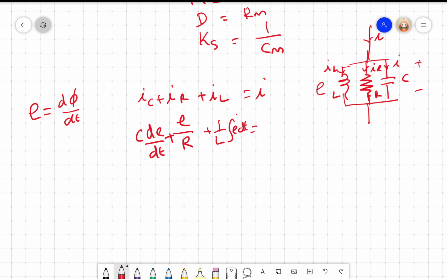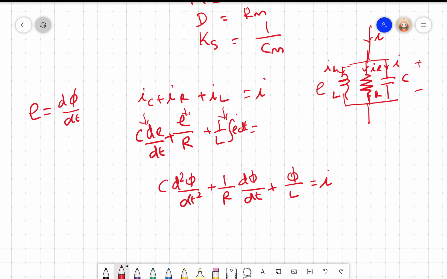So now I can write this as C d square phi by dt square plus 1 by R into d phi by dt plus phi by L equal to I, sorry. See, IC is this, IR is this, IL is this, so this must be the total current I.